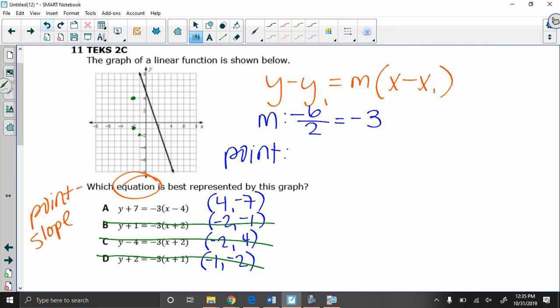If I'm looking for 4, -7, this one is on my line. So A would be the correct answer choice.